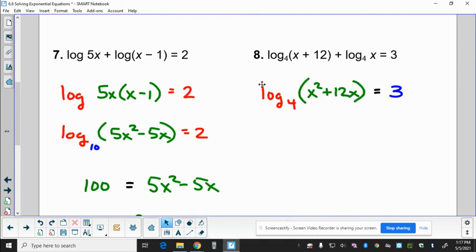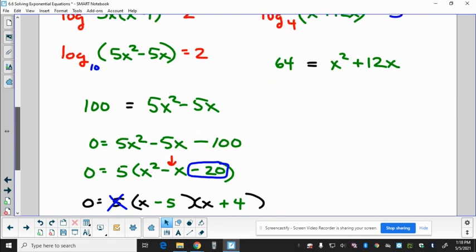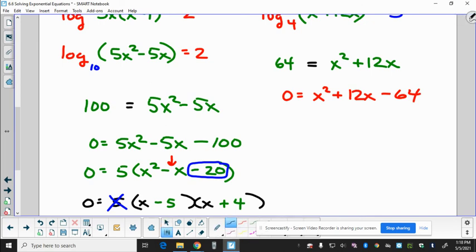What do you do now? Maybe write an exponential equation. 4 to the third equals x squared plus 12x. However, we know that 4 to the third is actually 64. And now what we can do is solve this. I'll move that 64 to the other side. And what we can do now is we can try to factor.